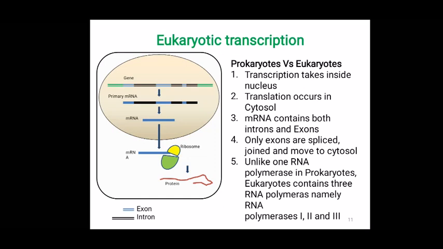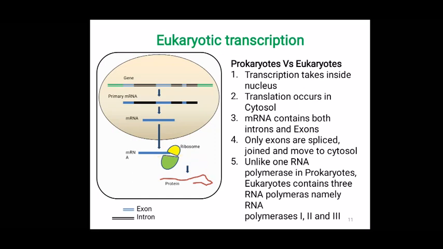First, transcription produces the primary mRNA consisting of both introns and exons. Next, this primary mRNA is processed by additional proteins and enzymes, introns are removed, and only exons form the mature mRNA sequence that travels from the nucleus to the cytosol, where ribosomes carry out translation to produce the protein.